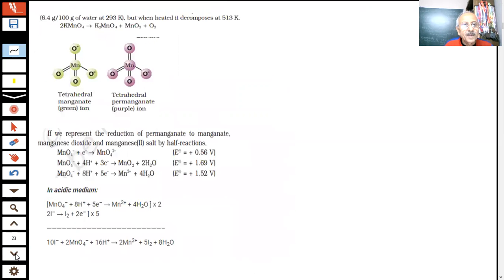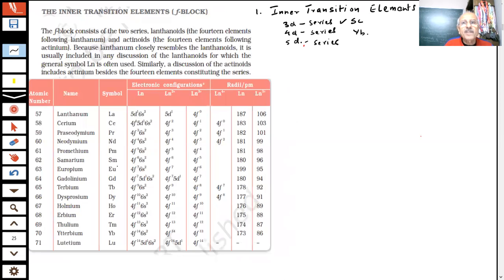Group 3, this is our group 3, students, group number 3. Here you have lanthanum: 21 and 30, add 18, 39, and then you add 18, how much are you getting? 57, lanthanum.